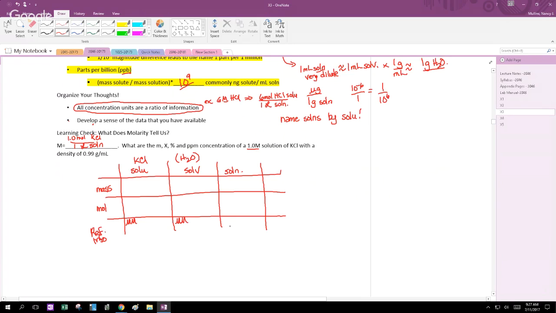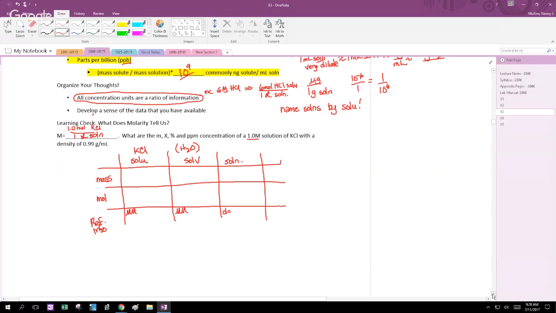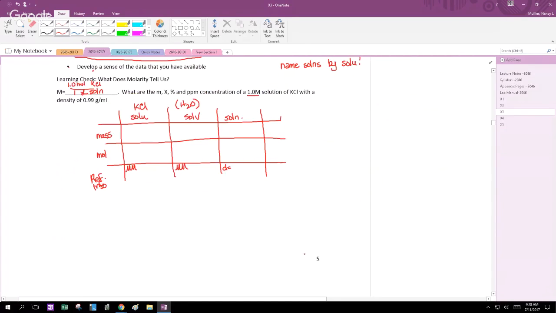And for my solution, my reference information is going to be my density. So when I'm given a ratio of 1 mole of KCl for every 1 liter solution, it means that I know 2 pieces of information.